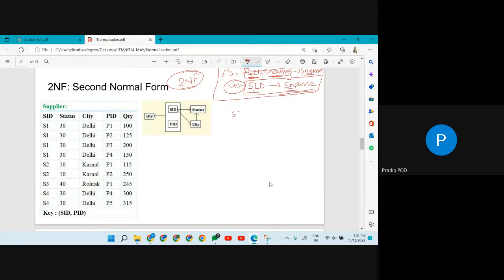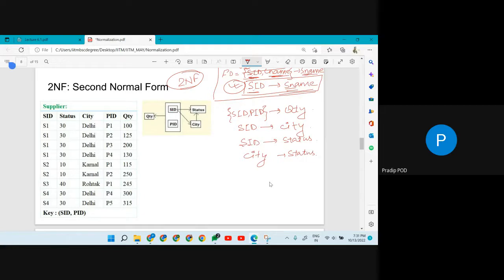Let me write: SID, PID together determine the quantity, and only SID determines CT, and SID determines status, and CT determines status.